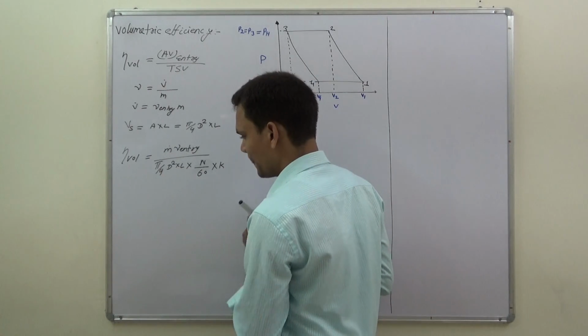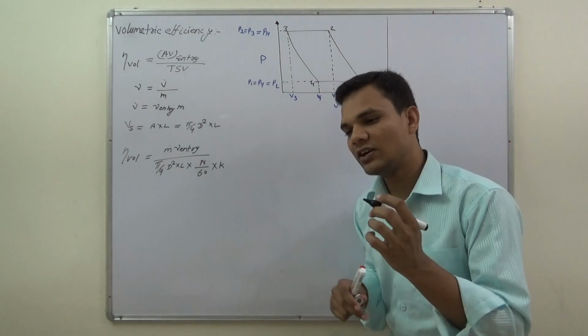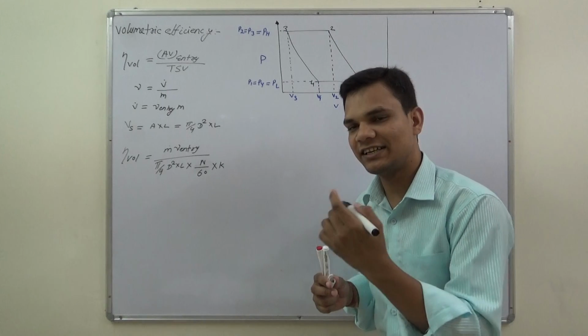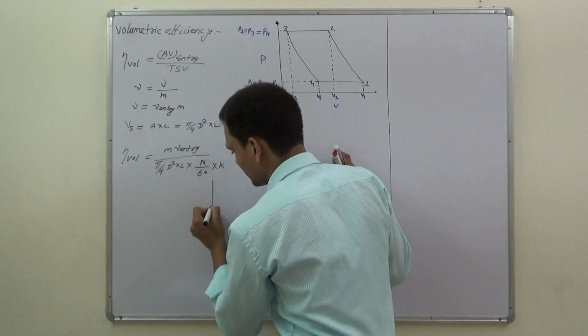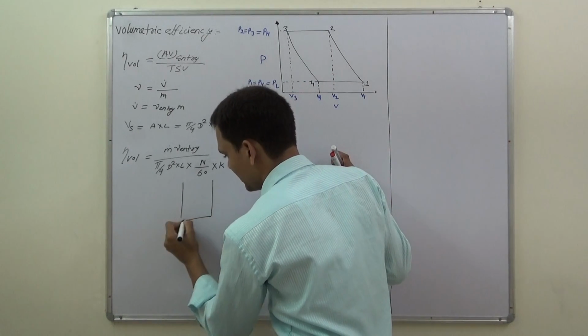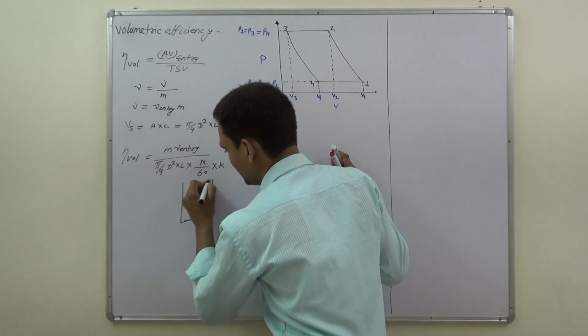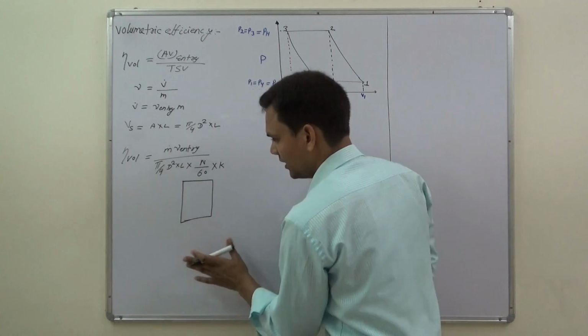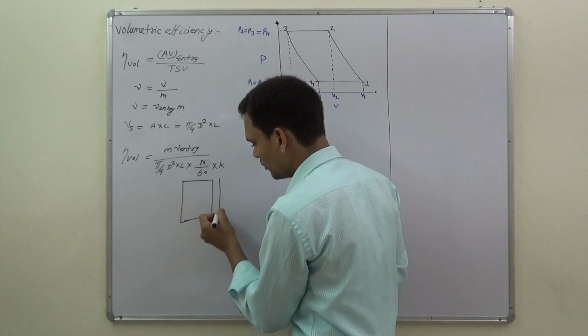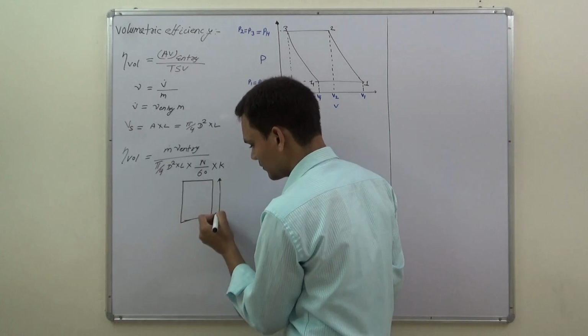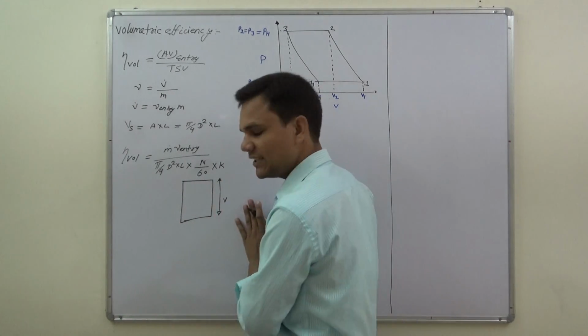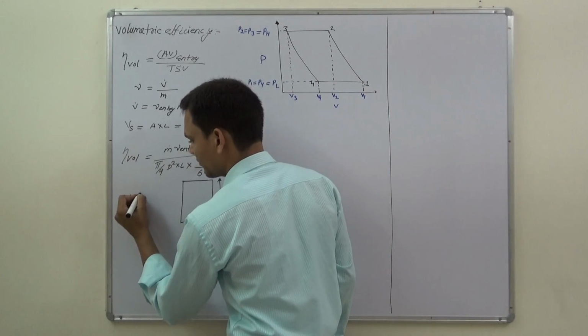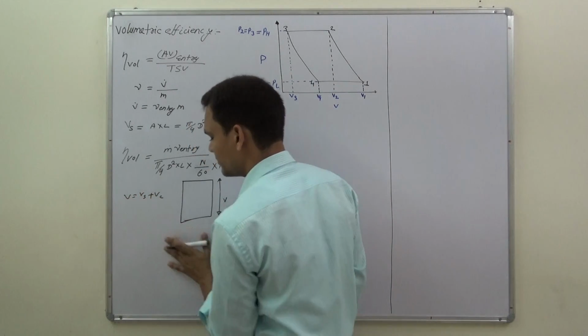If we talk about what is swept volume or what is clearance volume, then we take a cylinder. This is the top end of the cylinder, and this is the complete volume of the cylinder, which is equal to V. It is the summation of swept volume plus clearance volume.